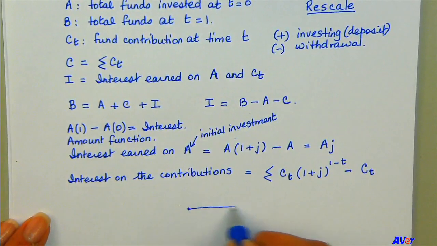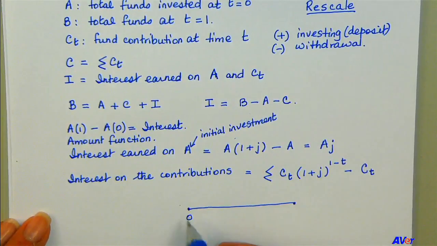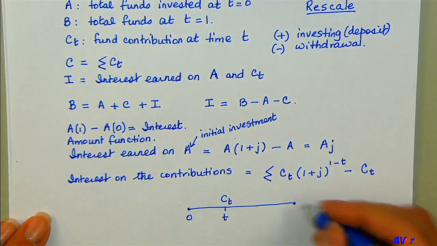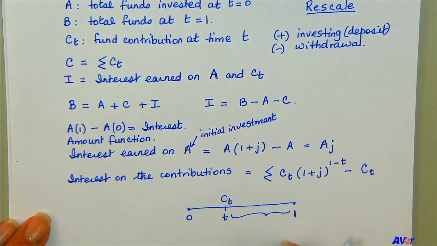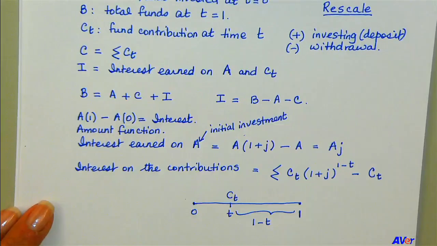So you have time 0, you have time t, a contribution was made at time t of C_t, and here's time equals 1. So this contribution grows for 1 minus t, because we've rescaled, right?